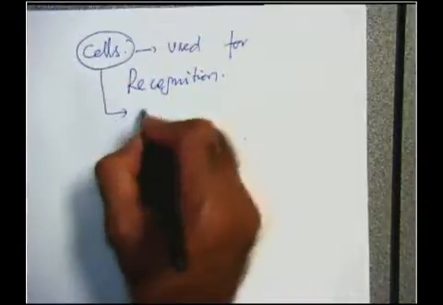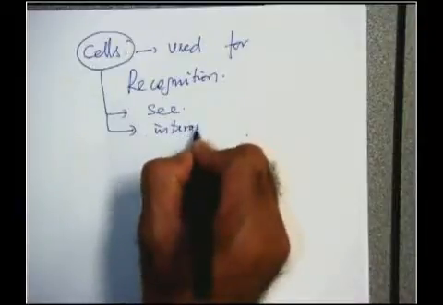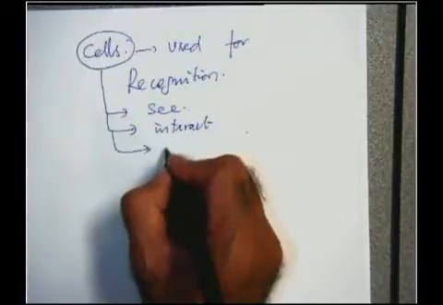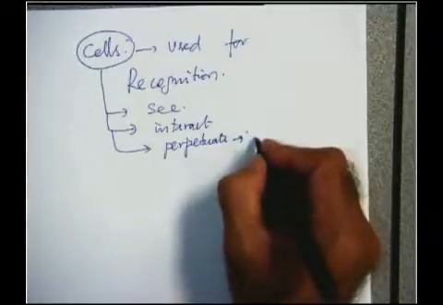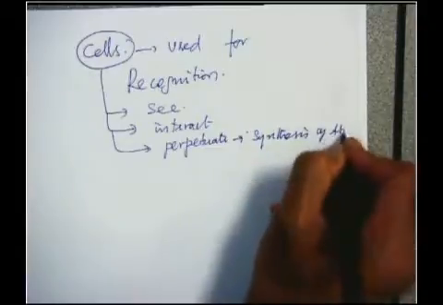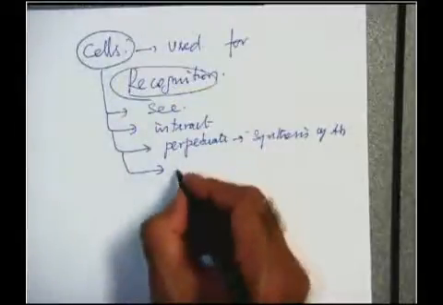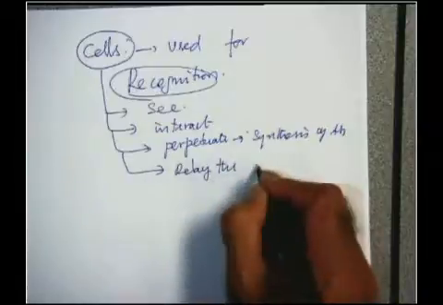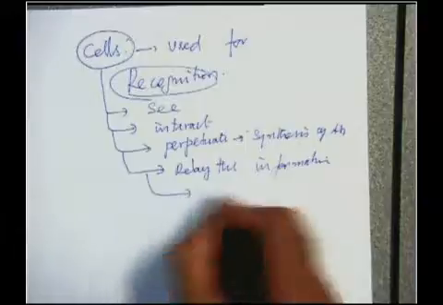The cells can see, and then they interact, and eventually proceed towards the synthesis of antibody, or how the recognition leads to relaying the information: hey, there is an enemy being sighted.